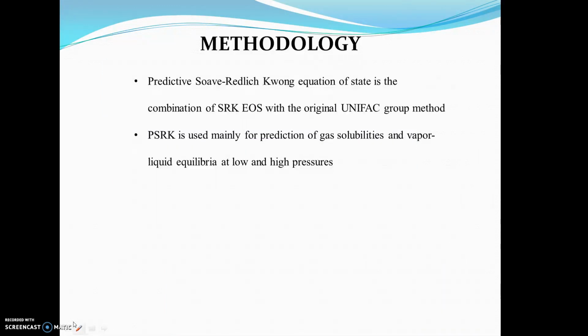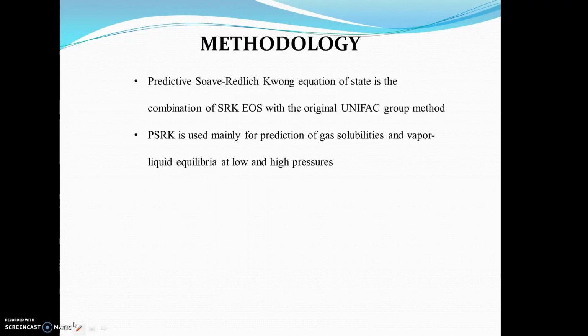So in our methodology, we will be using the predictive Soave-Redlich-Kwong equation of state to validate our simulation result. PSRK in short is the combination of the SRK equation of state with the original existing UNIFAC group method. Why PSRK is widely used is because it does not require any binary interaction parameter for mixing rules that is used to compute the mixture parameters.